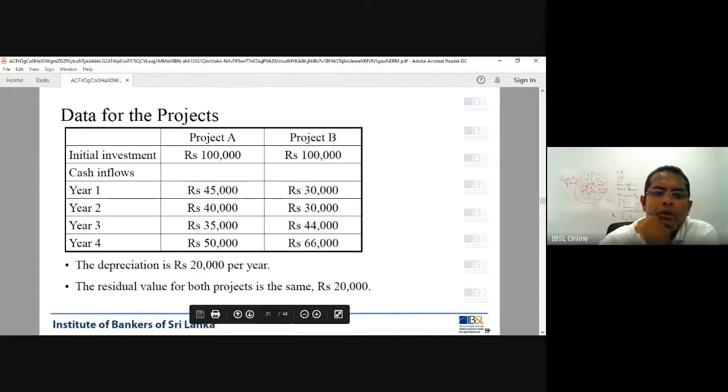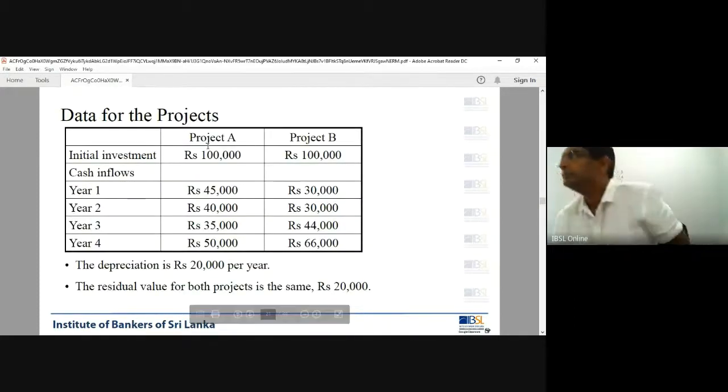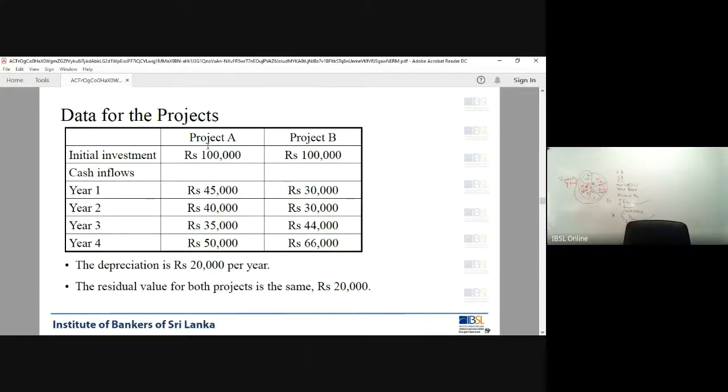So your investment is 100,000. You have to invest 100,000.